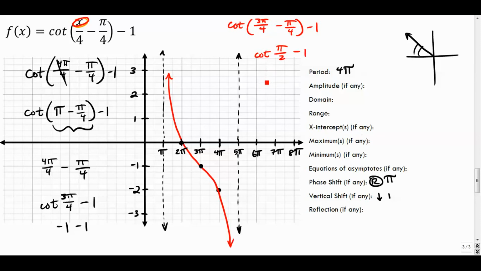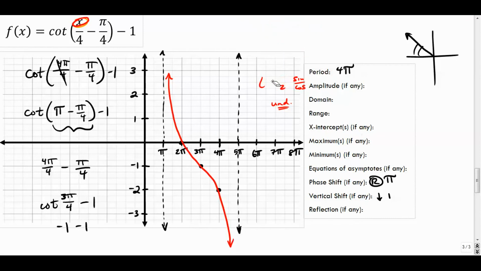Now the tangent of pi over 2 is, let's see, sine over cosine. The sine of pi over 2 is the up and down direction. That's 1. That's undefined. Yeah, I was right. So this is 0 over 1. So that's 0 minus 1. Yeah, that makes sense. 0 minus 1. Perfect. So I was right.